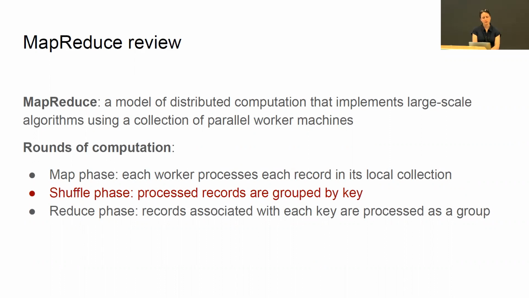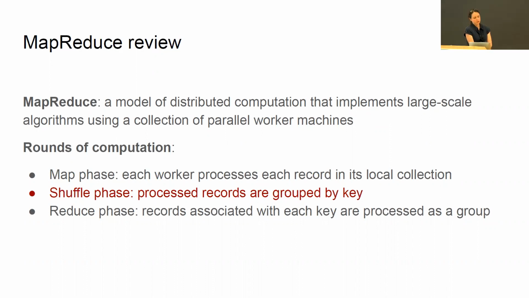A worker first independently processes each record in its local collection, and that's the map phase. Then the processed records are redistributed so that records with matching keys are located on the same workers. That's the shuffle phase. And then finally, the shuffled records that are associated with each key are processed as a group by their local workers, and that's the reduce phase.